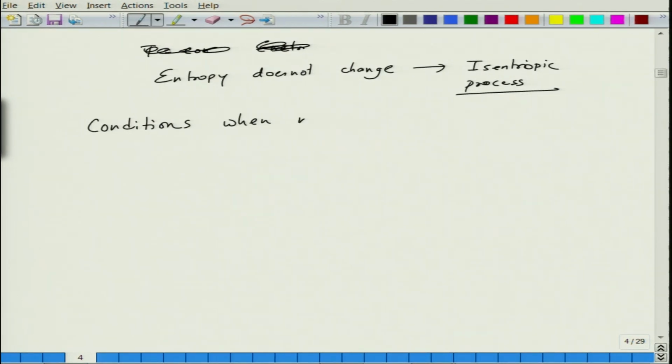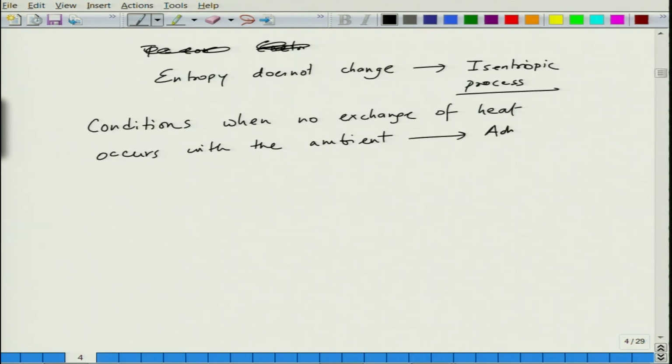So, let us say the process conditions when no exchange of heat occurs with the ambient, you can define such a situation as an adiabatic condition. Okay.